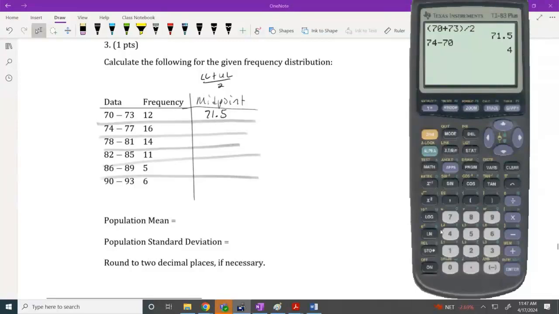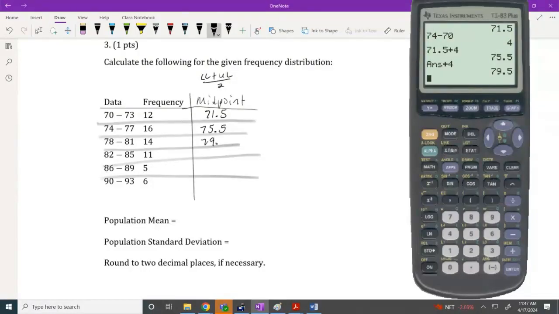So 71.5 plus 4 should give us 75.5. Right. If I add 4 again, we get 79.5.